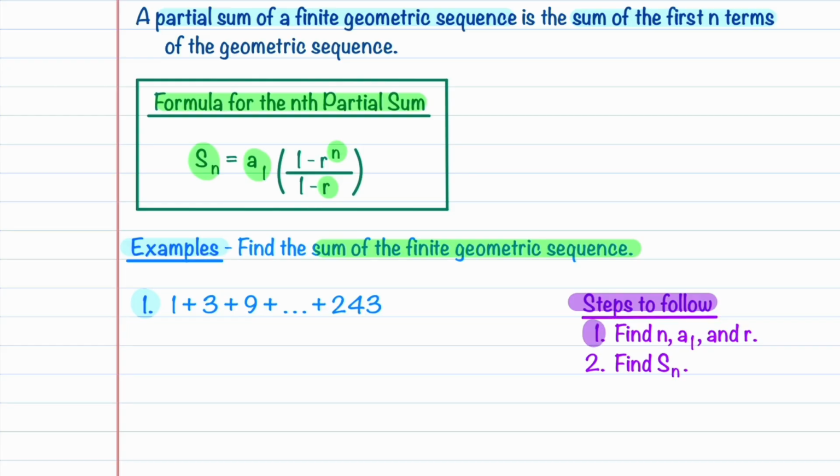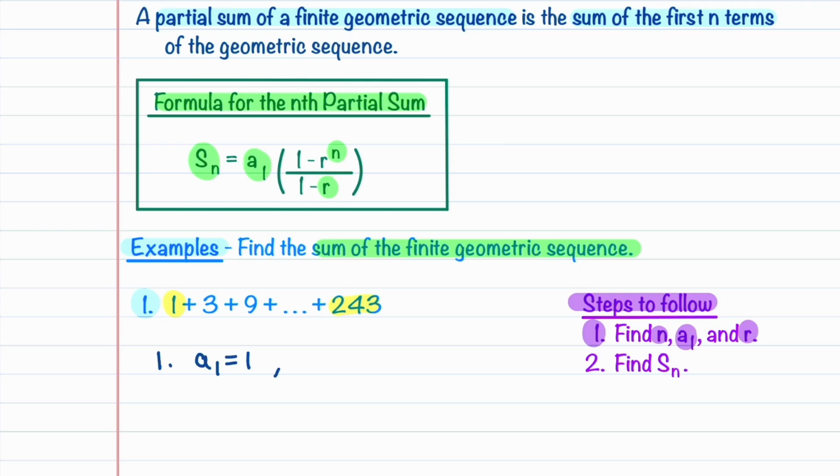The first step is to make sure that we have everything that we need to put into our formula. So we need to find n, a1, and r. Let's start by finding out what we have. The first term is equal to a1, so we can write down that a1 is 1.